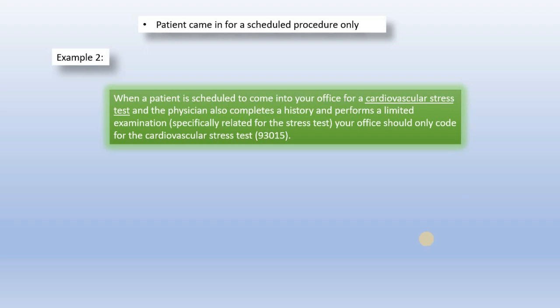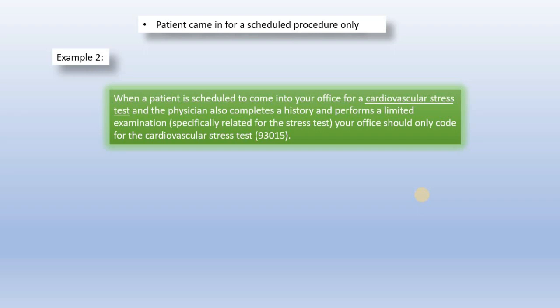When a patient is scheduled to come into your office for cardiovascular stress test, and the physician also completes history and performs a limited examination specifically related to the stress test, your office should only code for cardiovascular stress test, that is 93015.